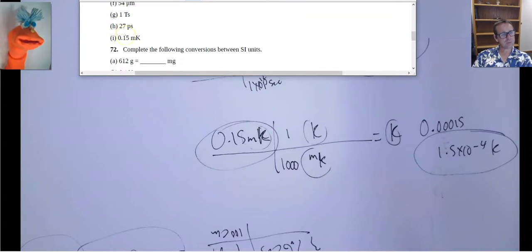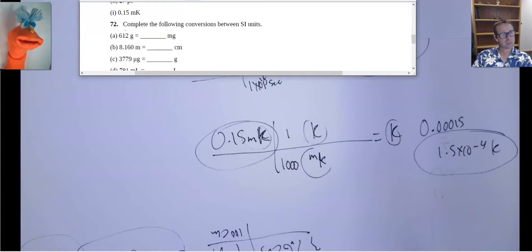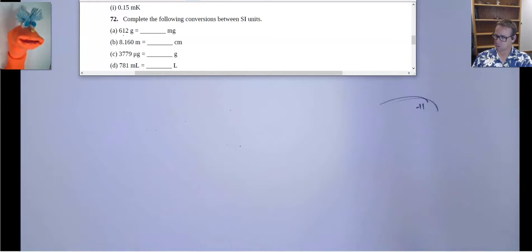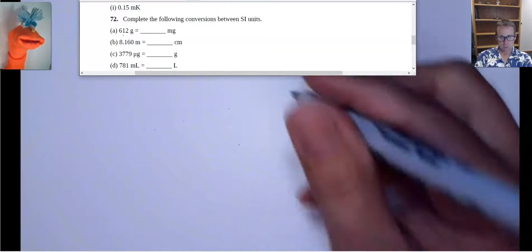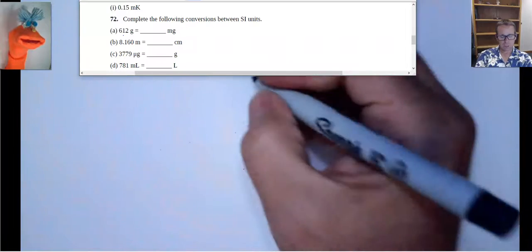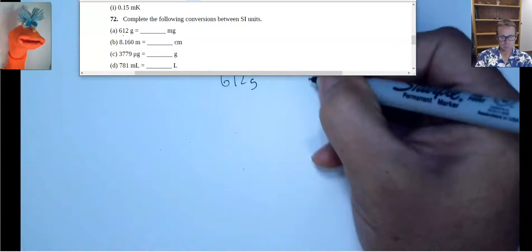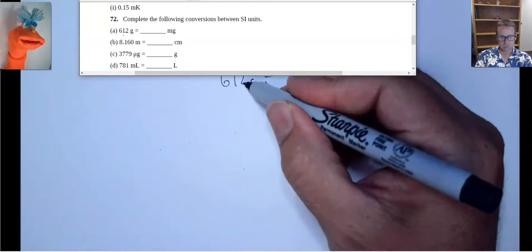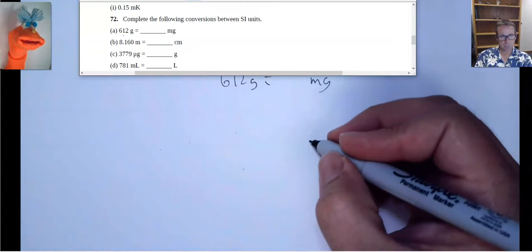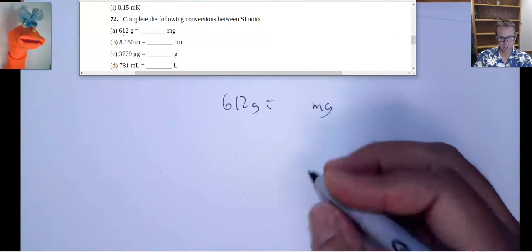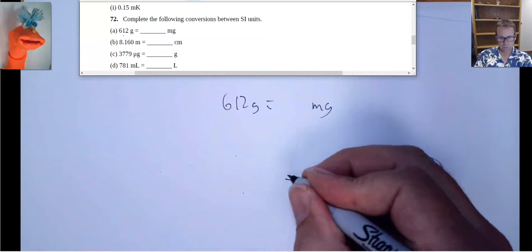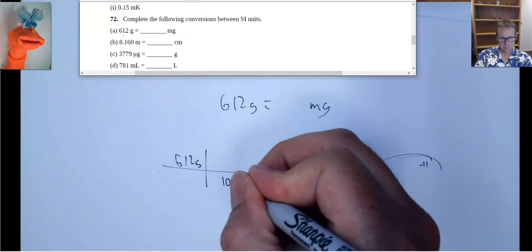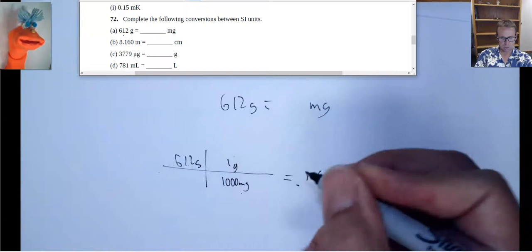Number 72. Complete the following conversions between SI units. 612 grams going to milligrams. All right, I'm getting pretty good at this now. If I want to go to milligrams, I just need to multiply this by 1,000. I'm starting with 612 grams. It's 1,000 milligrams for every 1 gram.